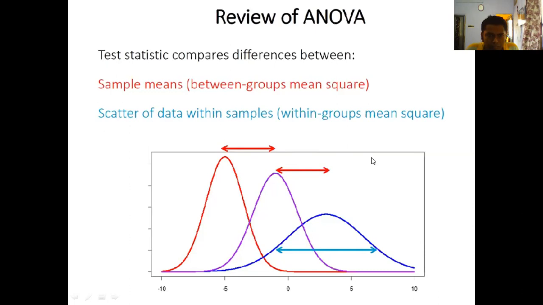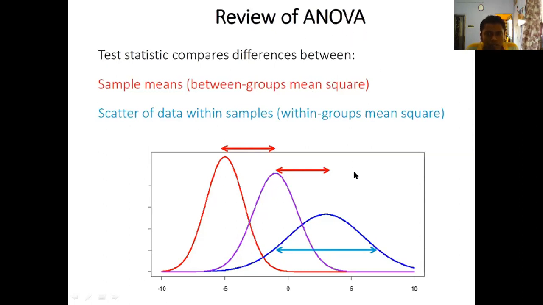But if there are more than two groups, suppose here you can see three curves for three groups, then instead of the t-test, we can use ANOVA.